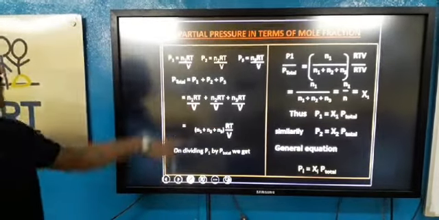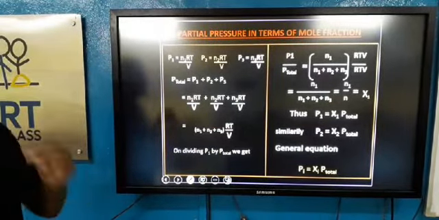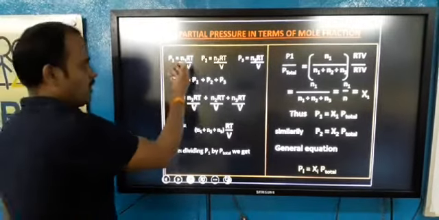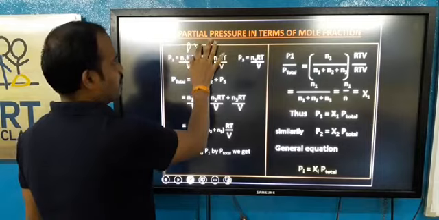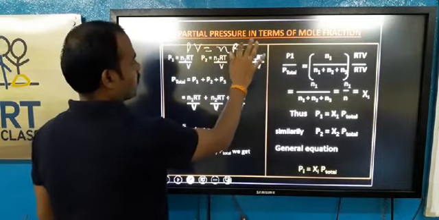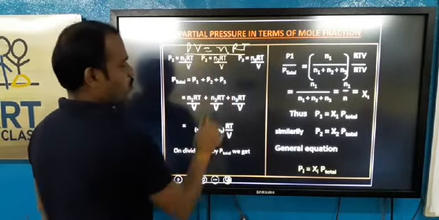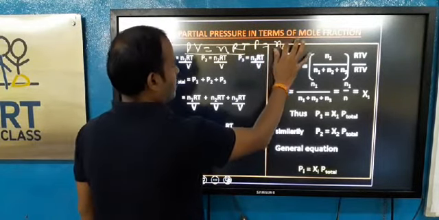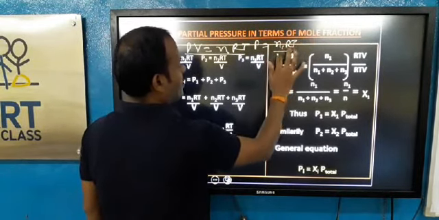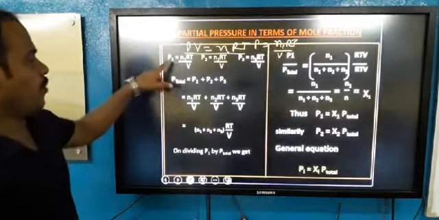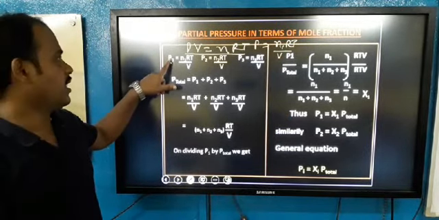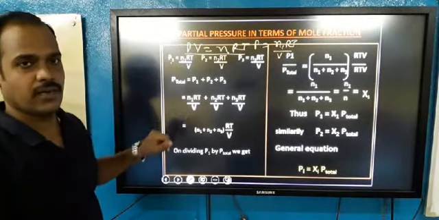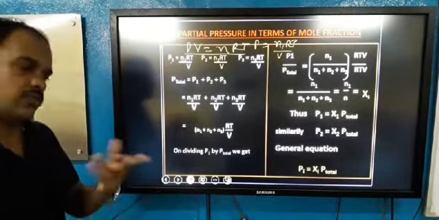Now let's see the relation of partial pressure with mole fraction. From the ideal gas equation, that is PV equal to nRT, when you solve this you can find P1 equal to n1 RT by V. So pressure of first component is equal to number of moles of first component times RT by V. R is a gas constant, so it will be constant.